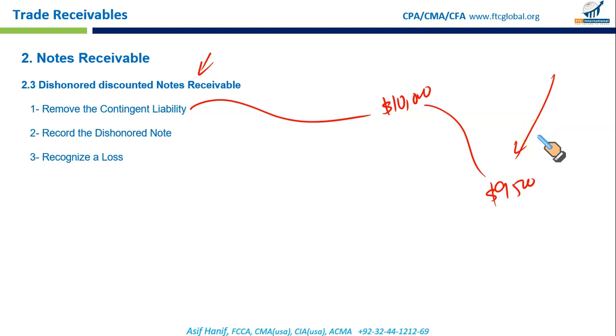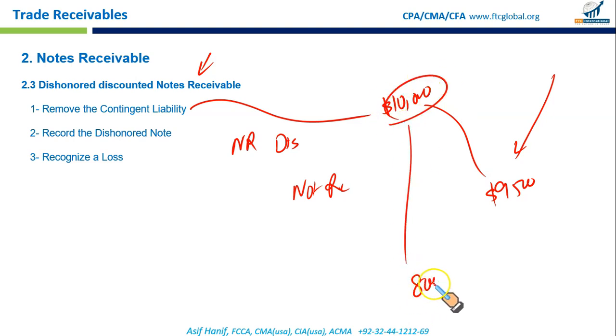So the company would reverse the contingent liability by debiting the note receivable discounted and crediting the notes receivable. So if you expect to receive only $8,000 from your customer, then you need to record a loss of face value versus what you got, a $2,000 loss to be recognized.